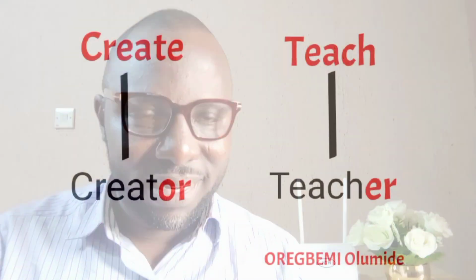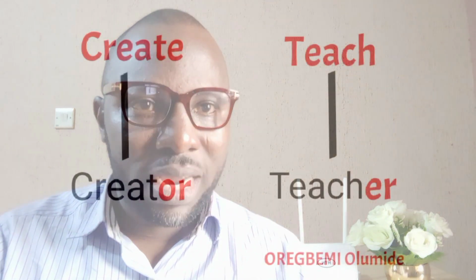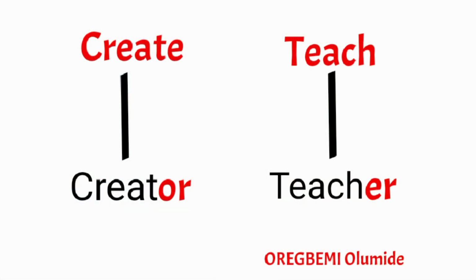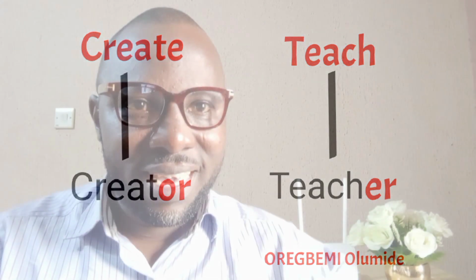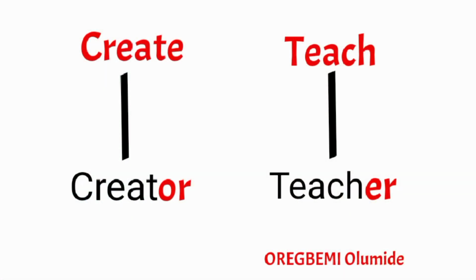We can have the word in verb form, create, and then we can nominalize it to a noun and it becomes creator. We have removed the e that ends the word create and replaced it with or. That makes it nominalized from a verb to a noun.